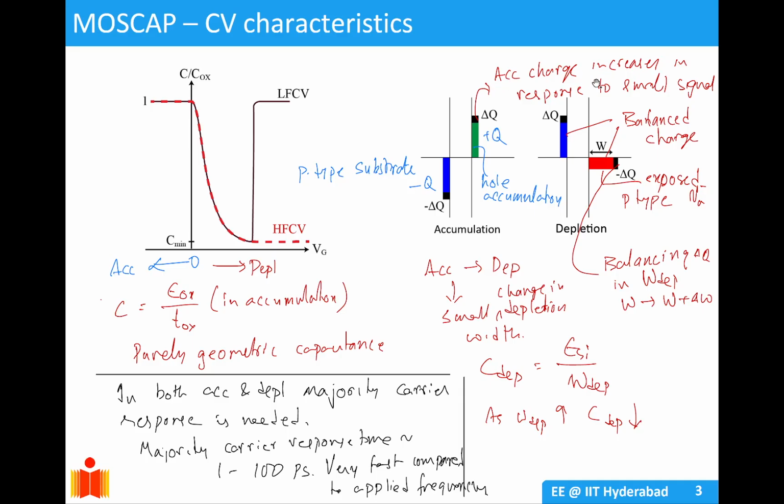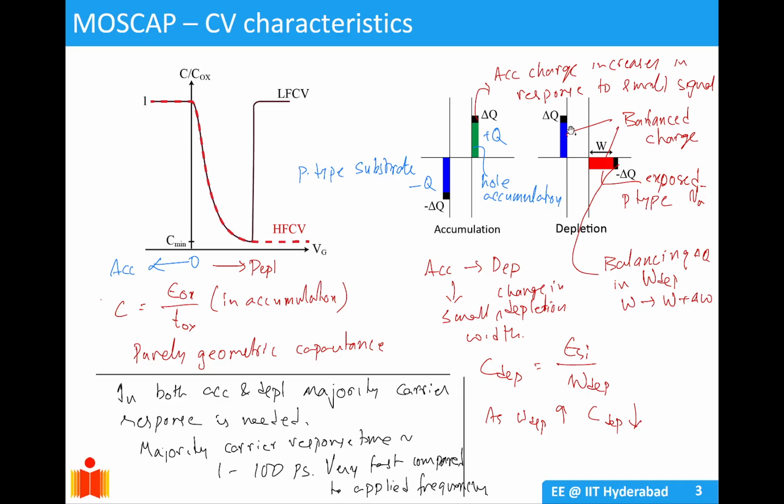Your accumulated charges increase in response to a small signal. So when you apply a small AC signal, it makes small changes in the charges following the AC signal.